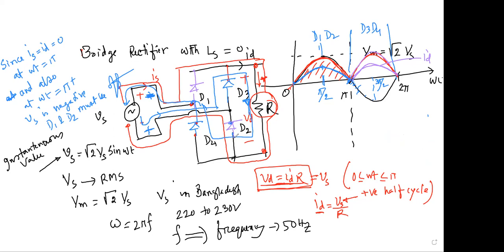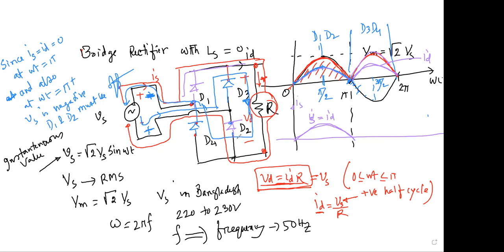So when D1 and D2 were conducting, current was flowing like this, and IS is equal to ID. This is IS. So we got this one.